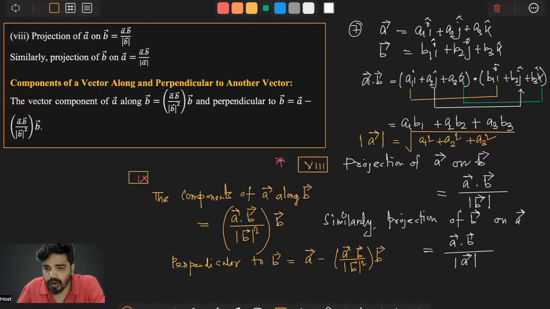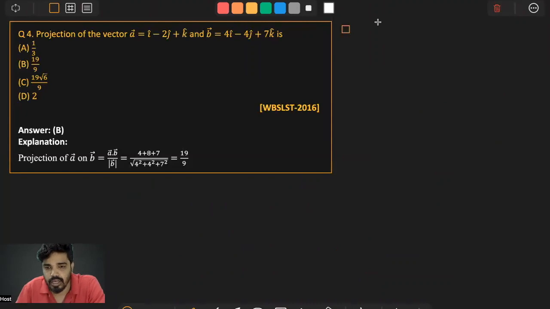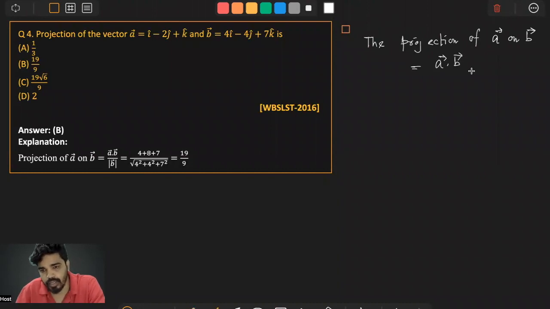Projection of A on B is A dot B divided by modulus B. So the projection of A on B is equal to A dot B divided by modulus B.